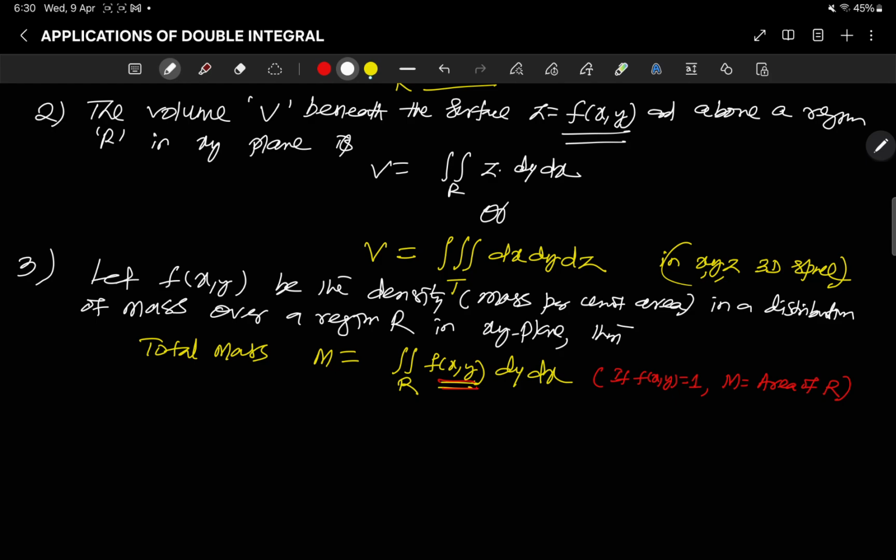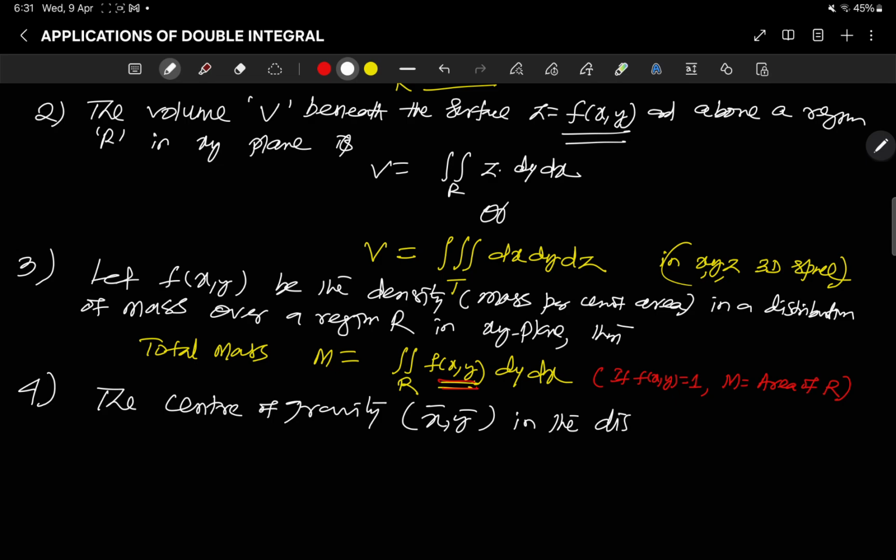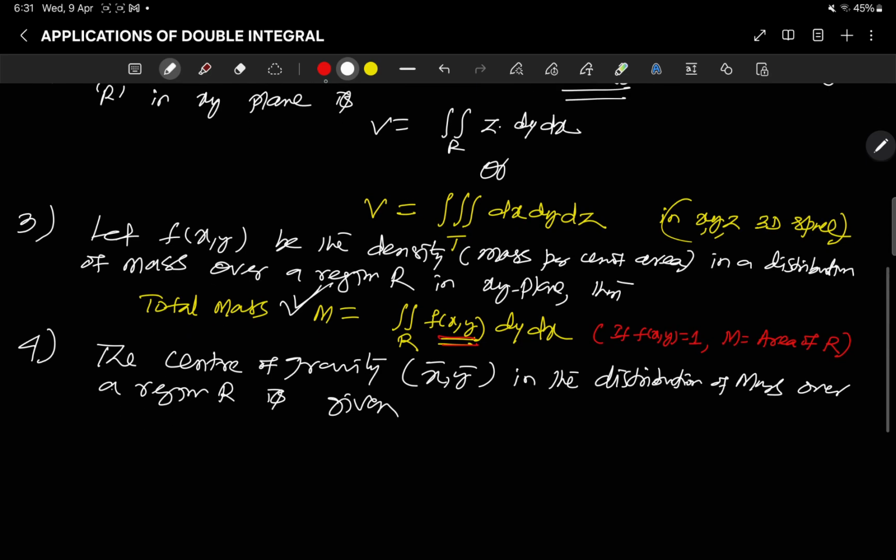And coming to the fourth application, the center of gravity, let us denote it x bar, y bar, in the distribution of mass over a region R. In the same region we know the total mass, then what is your x bar?